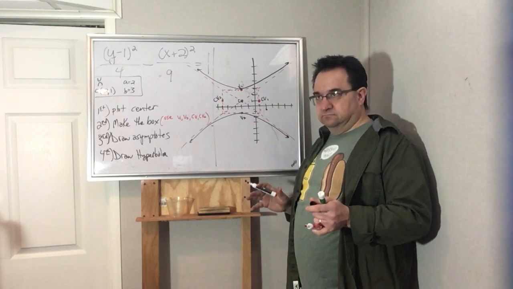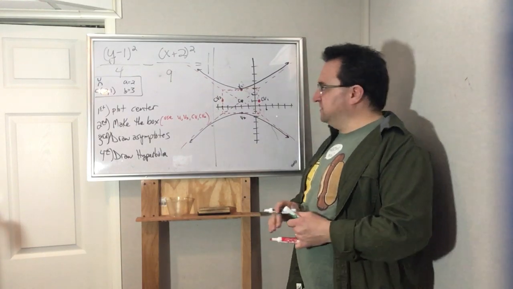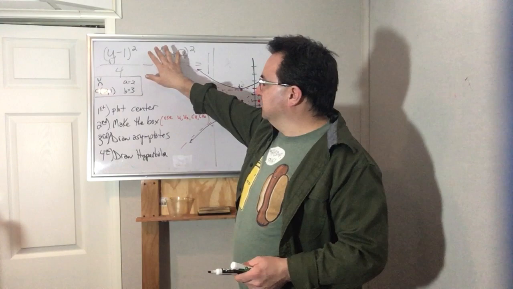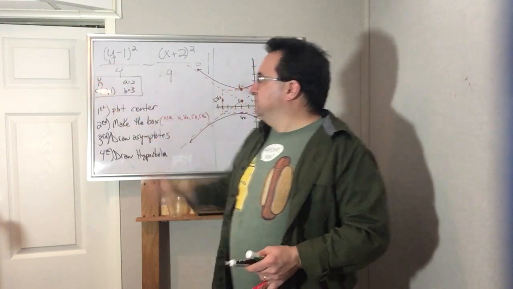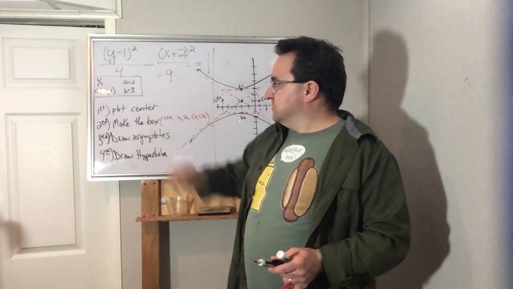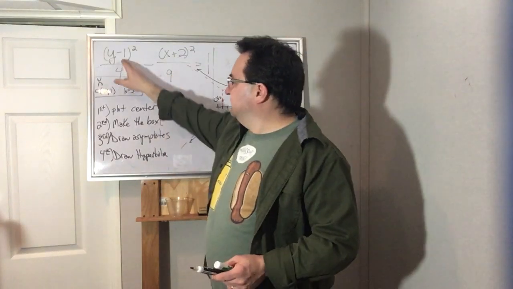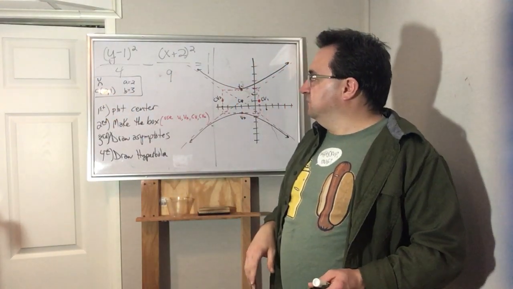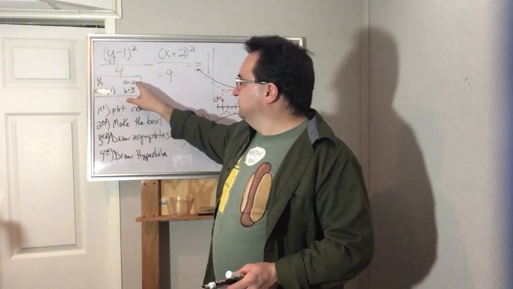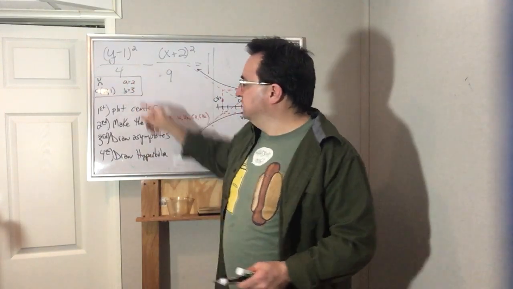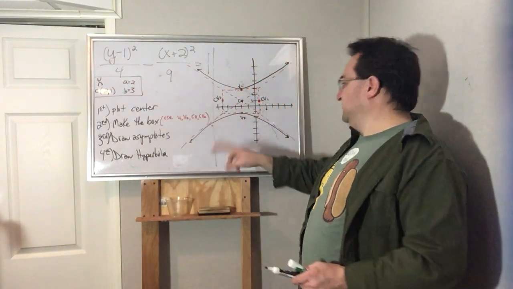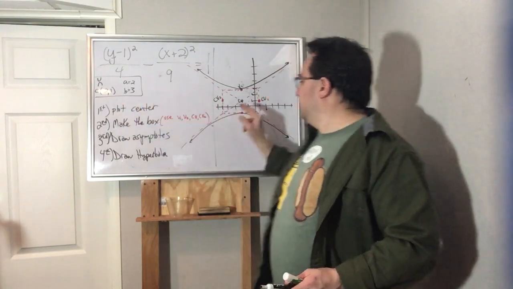Okay, so if you just reflect on what we just did, I see the numbers, y first, up and down. It was a minus, so it's a hyperbola. Center, we've been doing that for a few units now. A comes first, but it's the square root. B comes second. Then you've got to transfer it to the graph. I get the center easy enough.